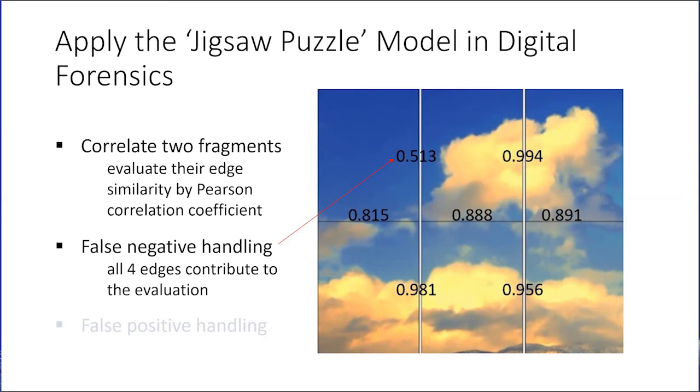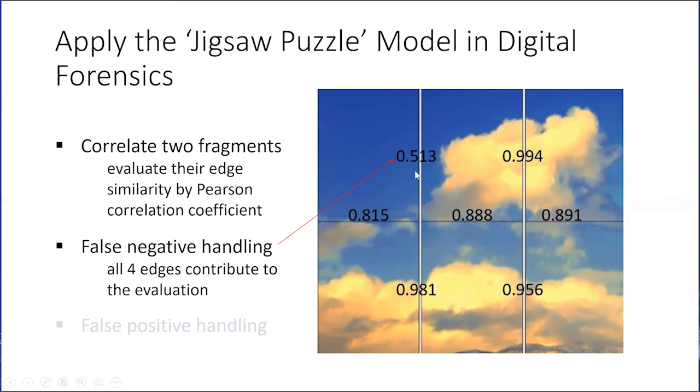However, we need to handle false negative and false positive cases. For example, this actually represents the false negative cases. These two pieces are adjacent in the original picture.